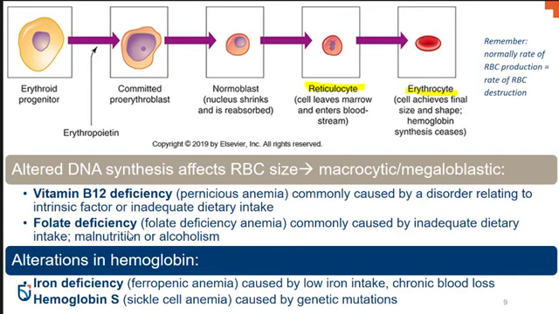Well, commonly it's because they have some sort of disorder relating to intrinsic factor. We've talked about this so many times in this course in anatomy, where intrinsic factor is that substance produced by parietal cells within our stomach, and it acts like a bodyguard to B12, carrying it through the destructive nature of the stomach into the small intestine where they will be absorbed together, and then vitamin B12 will be used to produce red blood cells, in particular contributing to DNA synthesis.